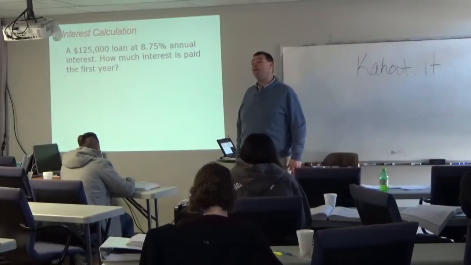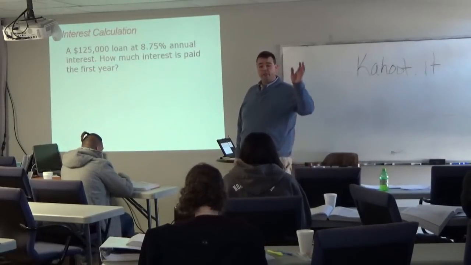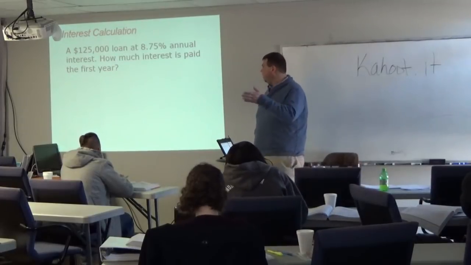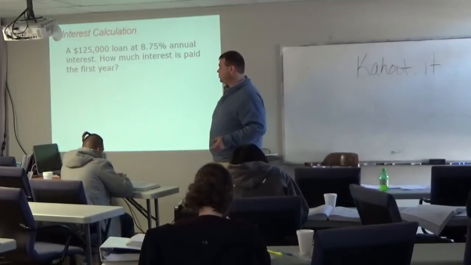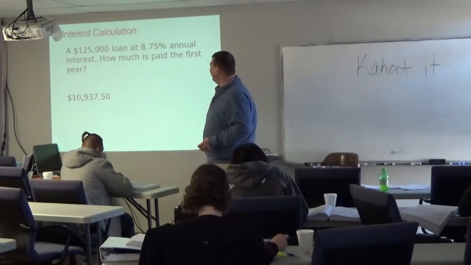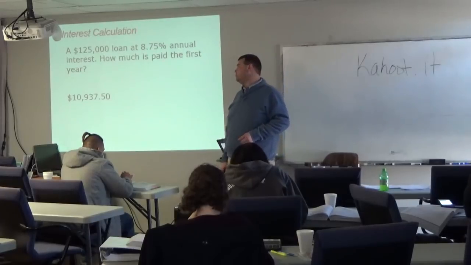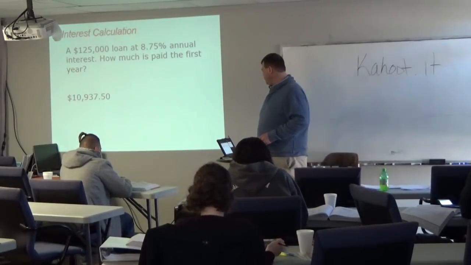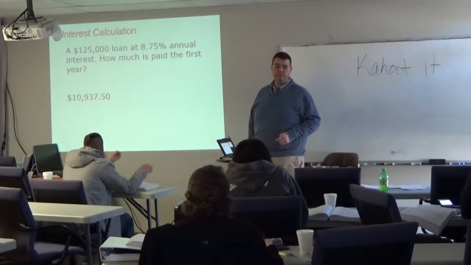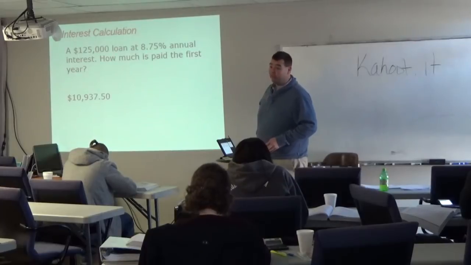Multiply it by the loan balance, right? So it's going to be the loan balance times the annual interest rate. So in this case, $125,000 times 8.75% interest, and that gives us $10,937.50 in annual interest. Does that make sense?